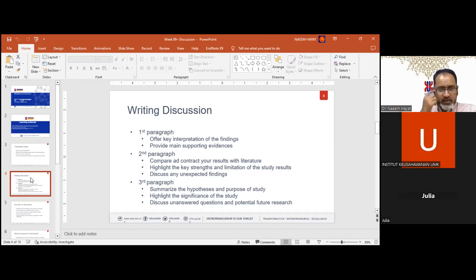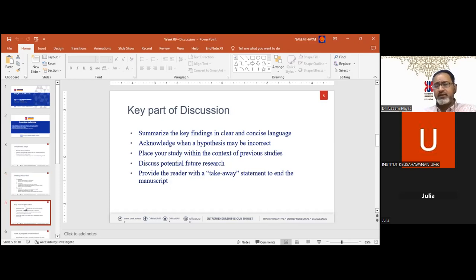It is a general understanding, a standard advice, to write the literature or the discussion in three paragraphs: paragraph 1 is the introduction, paragraph 2 is the discussion, and paragraph 3 is the conclusion. In this way, we can structure our writing.